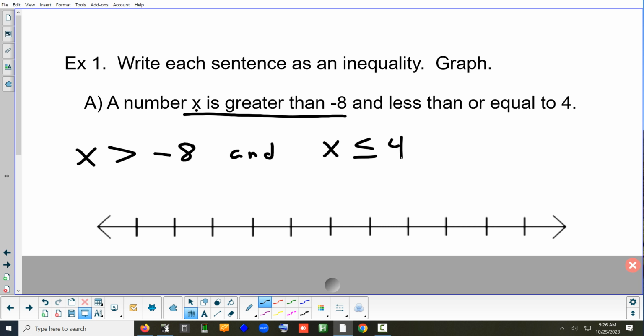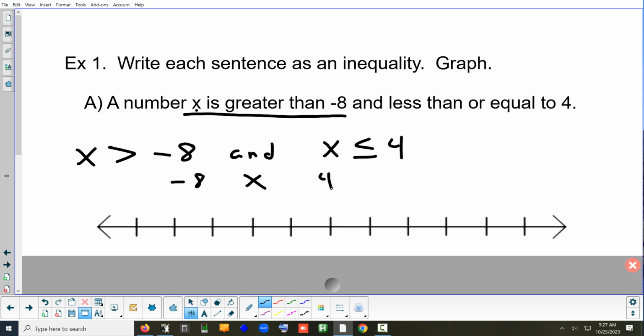But if I did ask you to combine it together, what would you start by putting in the middle? Yeah, X. Yep, put x in the middle. What number would go on the left? The smaller one. The smaller number, which is? -8. And the number on the right? 4.